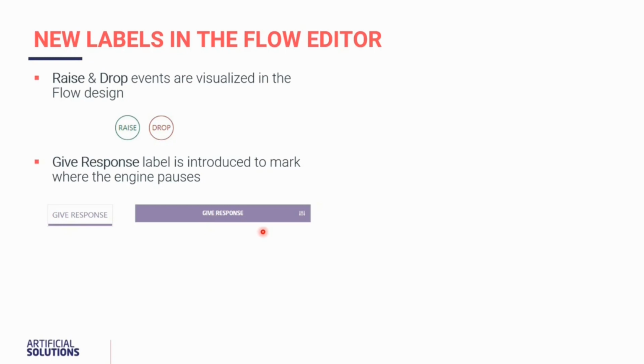Give response label is a way of visually, in a clear way, telling you when you look at the flow, where will the engine stop, right? Where will the engine stop and wait for a new user input? It will give the response to the user, the responses that have been accumulated in the previous steps, and then it will stop there and wait for a new input from the user.